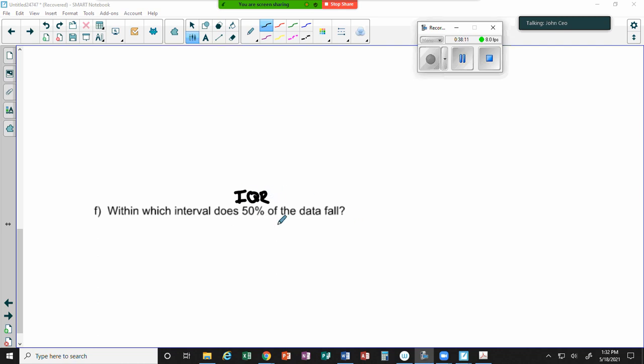Between Q1 and Q3. So it's going to be 3.5 to 10. That's Q1, that's Q3. Remember, your data is divided into quarters, right? So the middle 50% of your data falls between Q1 and Q3. So that's a box and whisker plot.